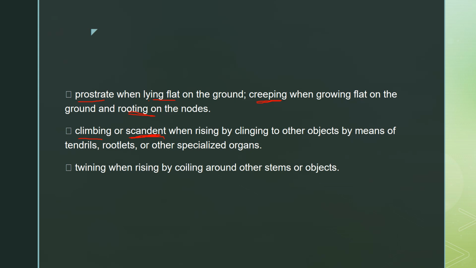Twining is when rising by coiling around other stems or objects. This type of stem is coiling around the other stems or objects. So we have prostrate, climbing, and twining.